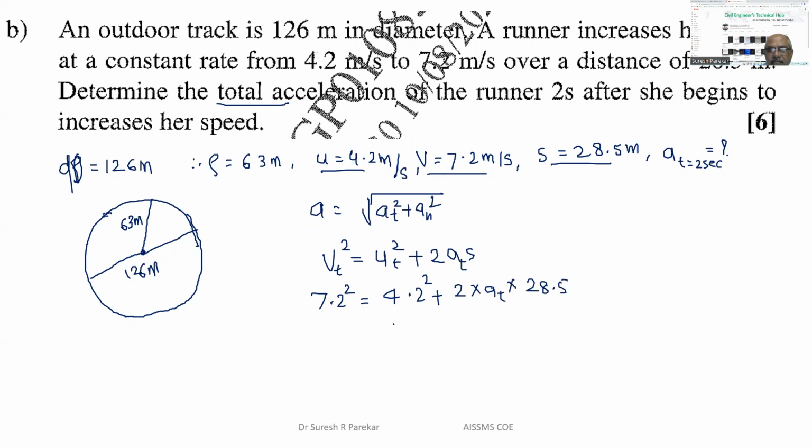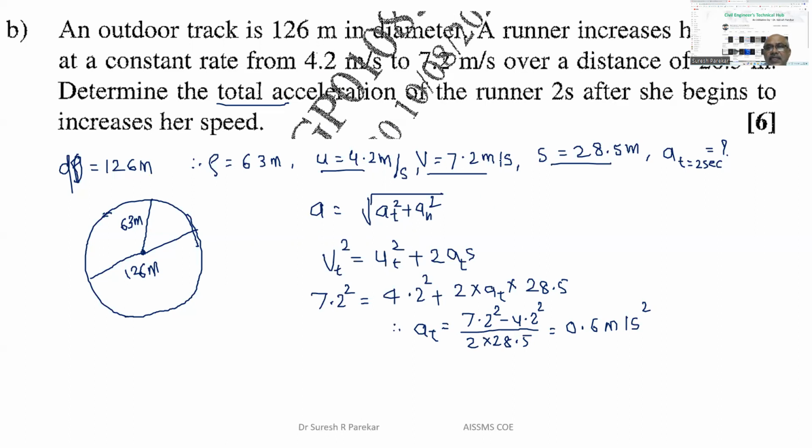By using this, a_t equals 7.2 whole square minus 4.2 whole square upon 2 into 28.5, and the value of a_t is 0.6 meters per second square.